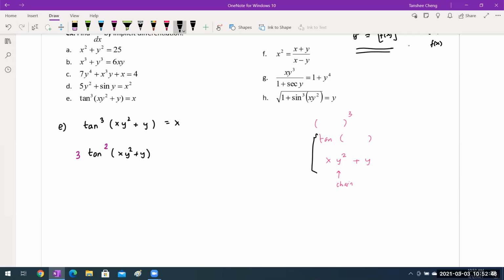And according to the chain rule, you multiply and then take the derivative of the next inner function. Next inner function, we are looking at tangent. The derivative of tangent is secant squared. So secant squared, and the inner function stays the same, which is everything below that. That means I will have xy squared plus y.